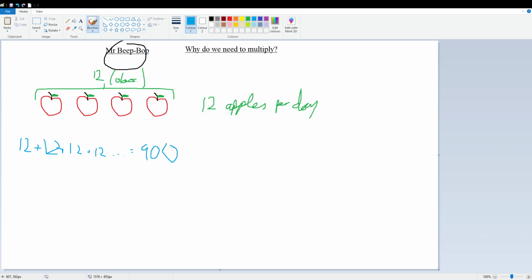But that wouldn't be very efficient, and in maths we're always looking for ways, essentially, just to get the right answer quicker. It's still just as accurate, just as precise, we're going to get to the same answer, we're just going to get there a lot quicker if we say, right, we want 75 lots of 12.